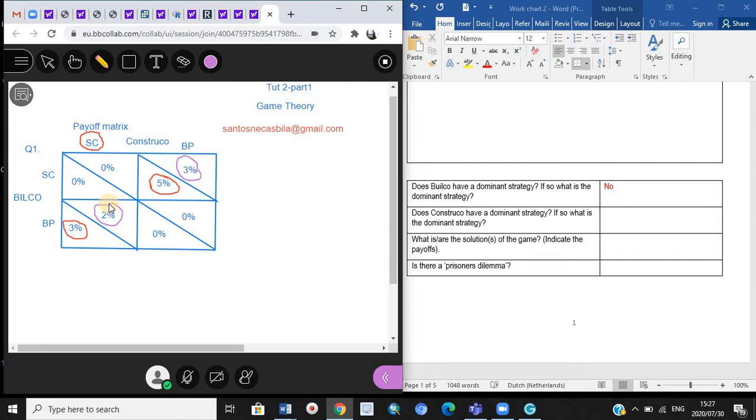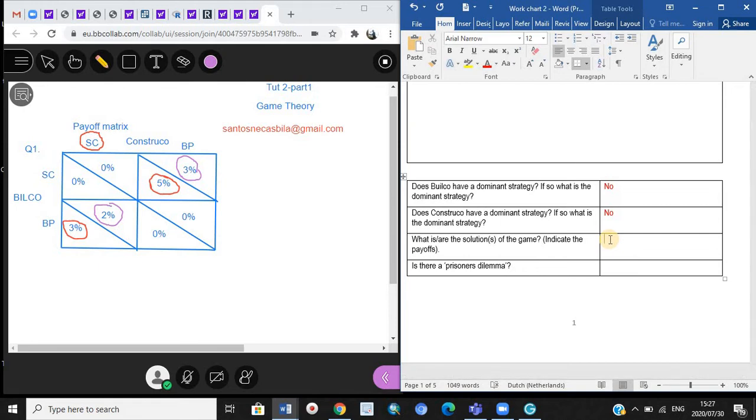So in other words, we can again say that no, Construco's choice also depends on Bilco's choice. So therefore, also there is no dominant strategy for Construco. All right, let's move on.